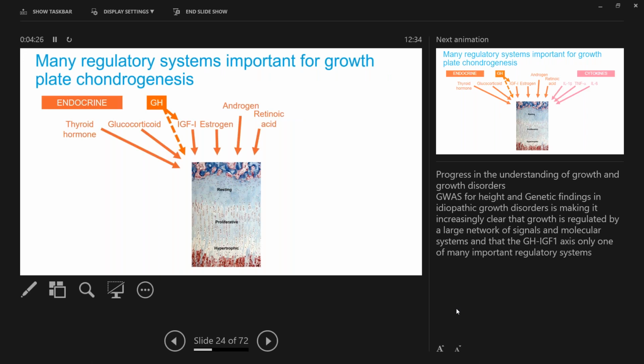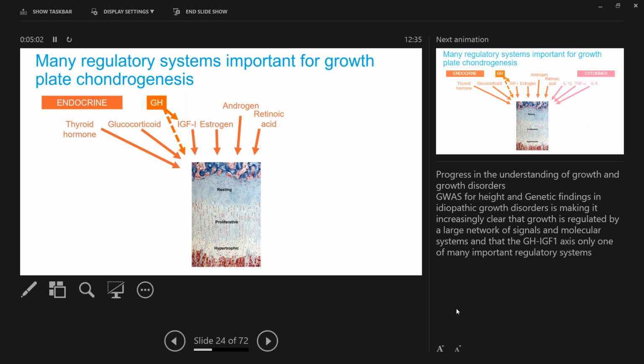You're already aware, and we've talked about this, that there are many endocrine factors that are important for the growth plate. So for instance, the thyroid hormone, that's why children with hypothyroidism are sometimes detected in our short stature clinics, or why children that receive glucocorticoids in excess grow poorly, or why children with growth hormone deficiency or IGF-1 deficiency, as Peter just talked about, do not grow well.